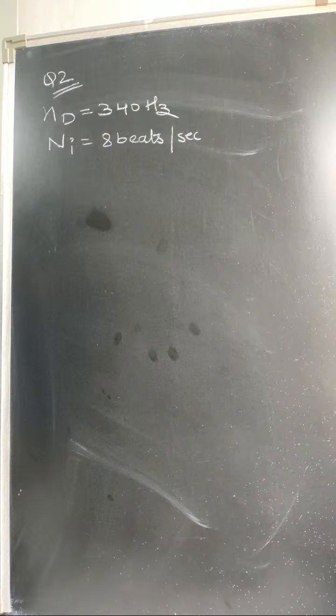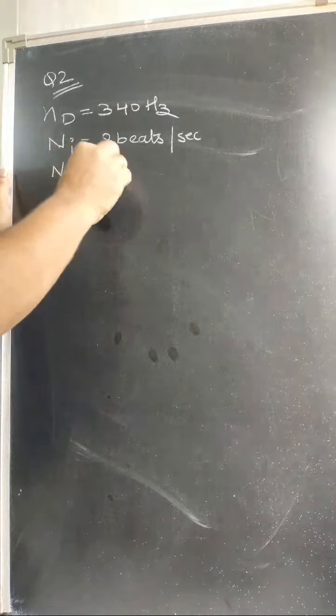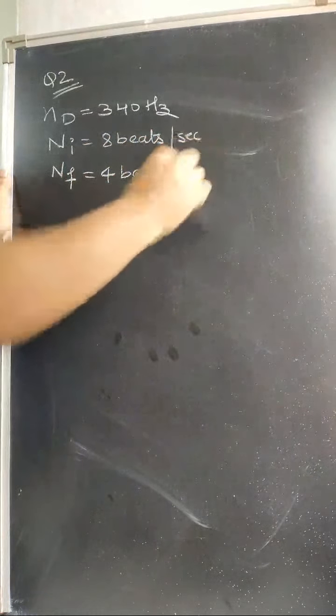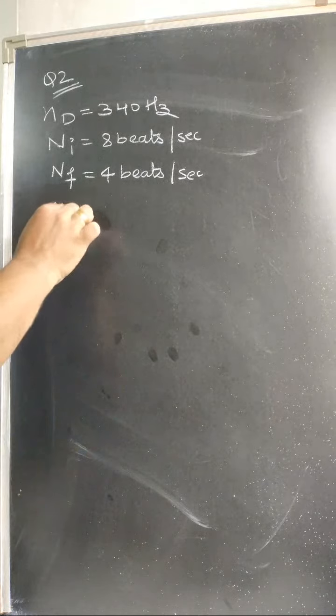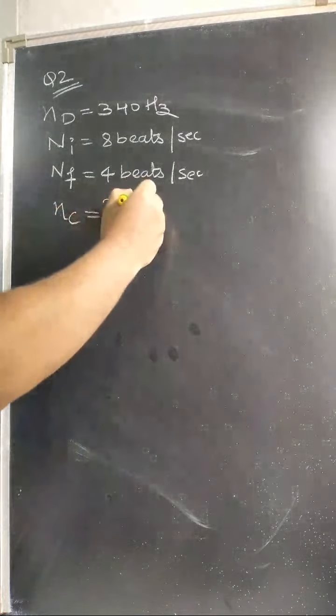When the prongs of C are filed a little, number of beats produced per second decreases to 4. So final number of beats is 4 beats per second, and we need the frequency of C before filing its prongs.